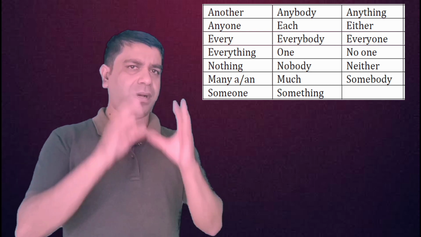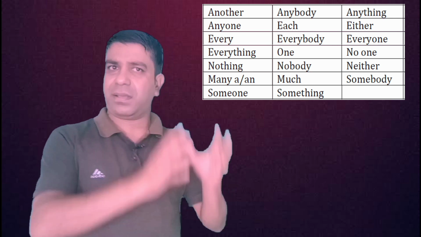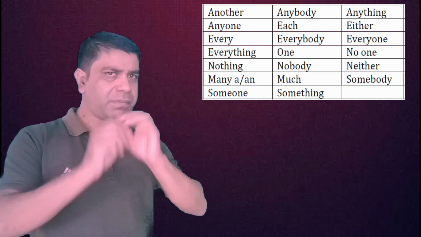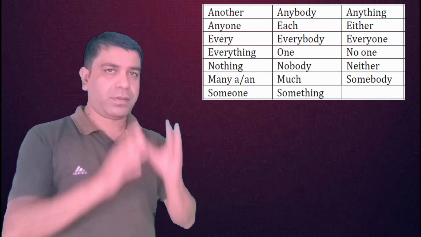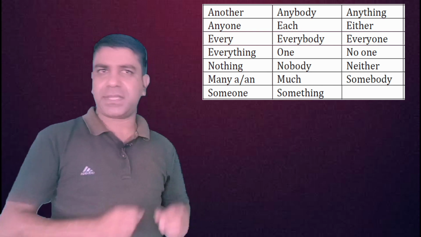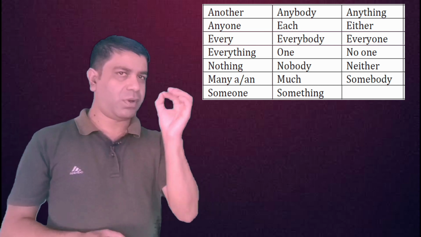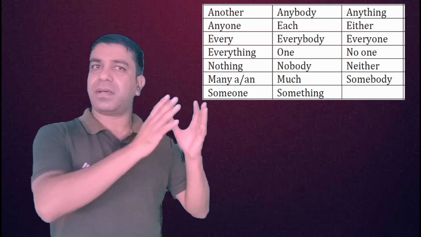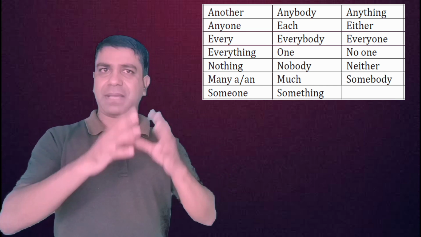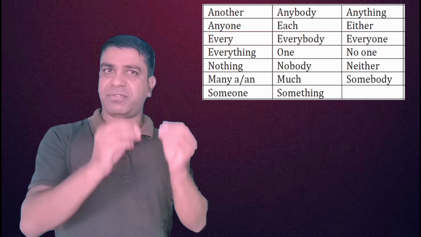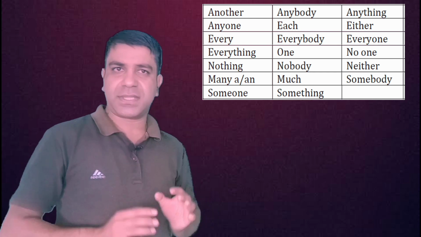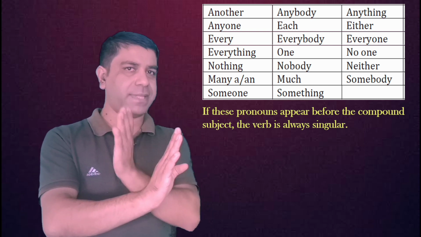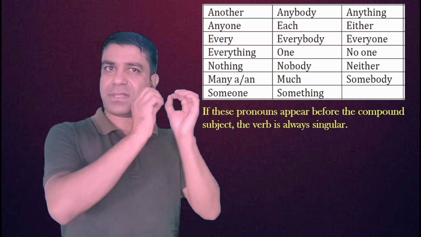The pronouns like another, anybody, anything, anyone, each, either, nothing, every, everybody, everyone, everything, one, much, nobody, no one, neither, other, someone, something, many, etc. are some examples of singular indefinite pronouns. In simple words, if these pronouns appear before the compound subject, the verb is always singular.